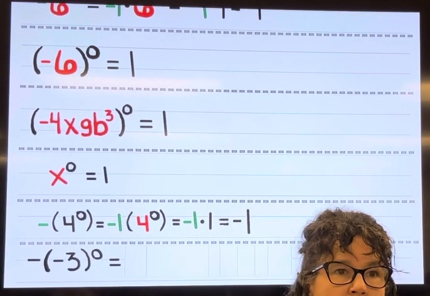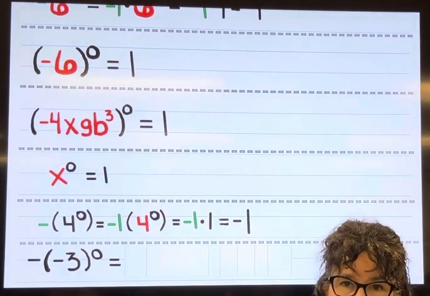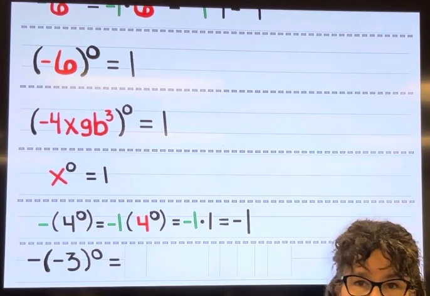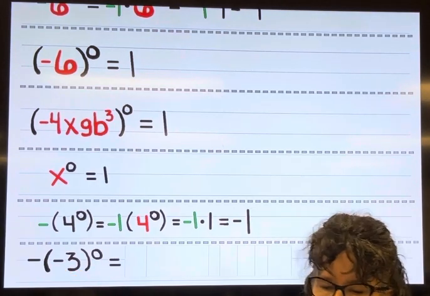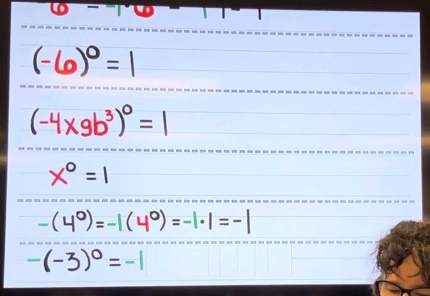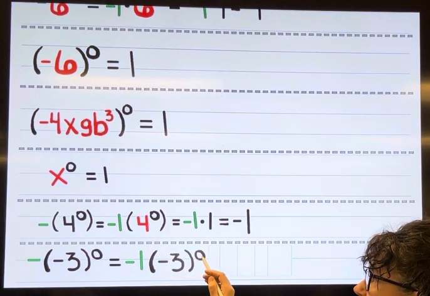This is one you want to be very careful on because you're used to hearing that mantra, negative makes a positive. This negative out front is -1. We have to do exponents before multiplication. So this negative is -1. And then I still have times -3 to the 0.